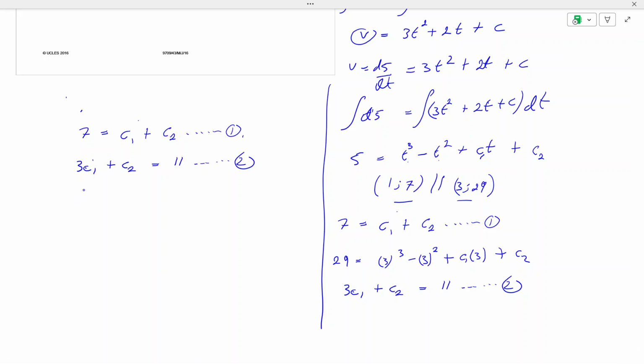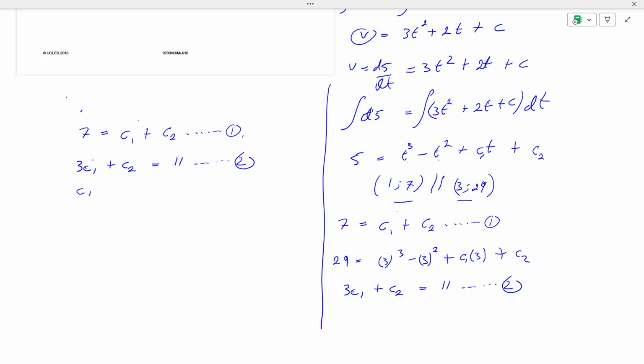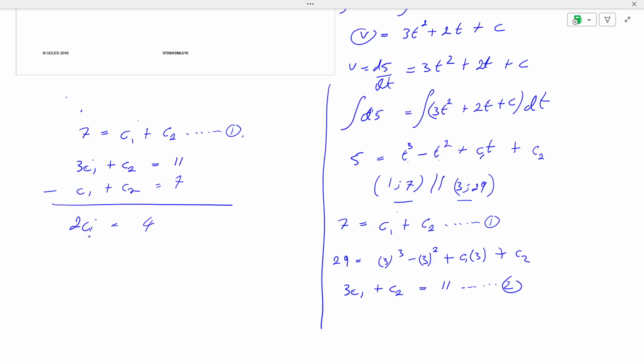Rearrange them. I'm just gonna rearrange this top one here to c1 plus c2 is equal to 7, right? Then you can subtract to get rid of the c2s. When I do so, I'm gonna get 2c1 is equal to 4. Therefore, c1 is equal to 2.